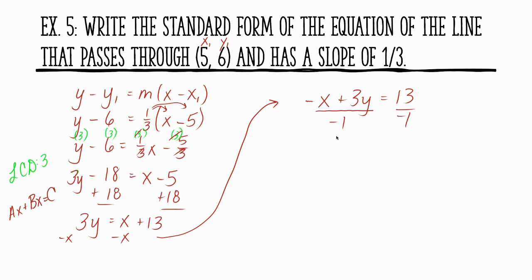Negative x divided by -1 is positive x. 3y divided by -1 is -3y. And 13 divided by -1 is -13. This is my standard form of the equation of the line when I am given one point and a slope.